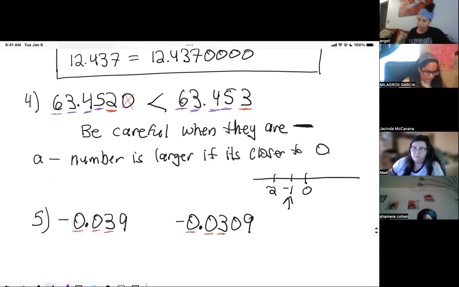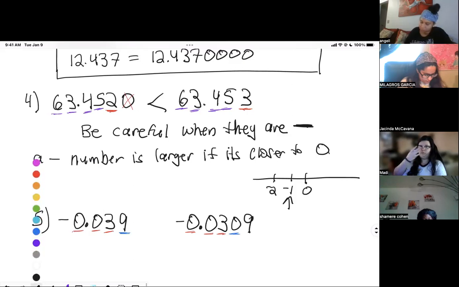I have a 9 and I have a 0. Okay, so which number is closer to 0? Is a 0 in a decimal form closer to 0? Or is a 9 in a decimal form closer to 0? Well, the 0 is closer to 0 in a decimal for negatives. So that is a bigger number.